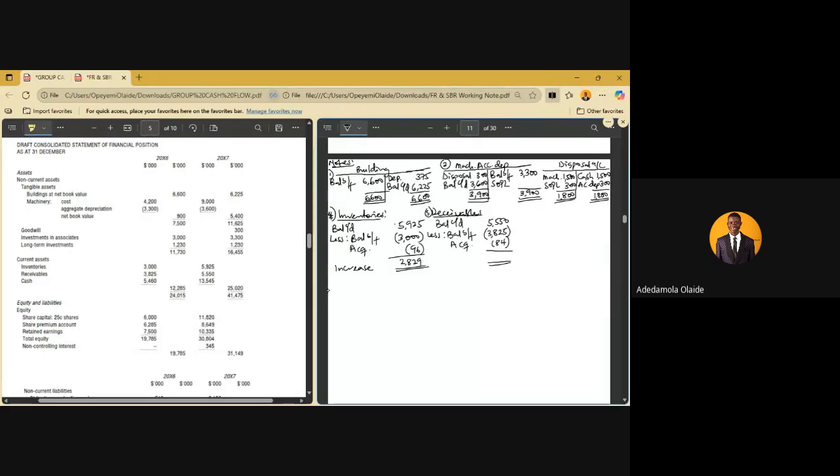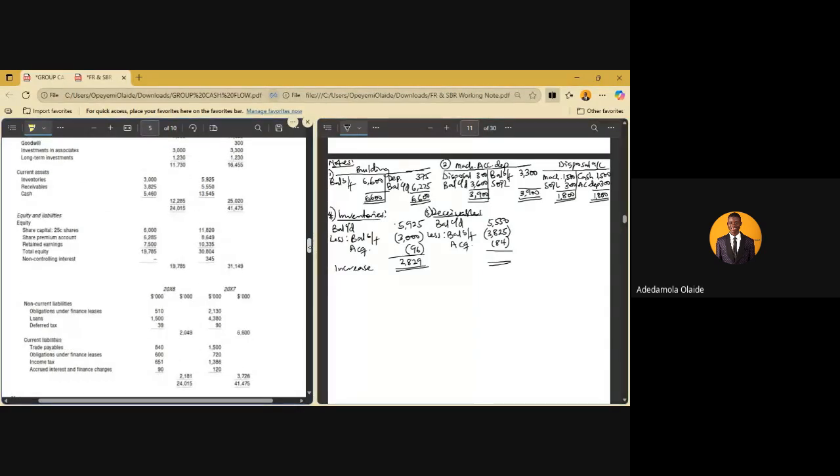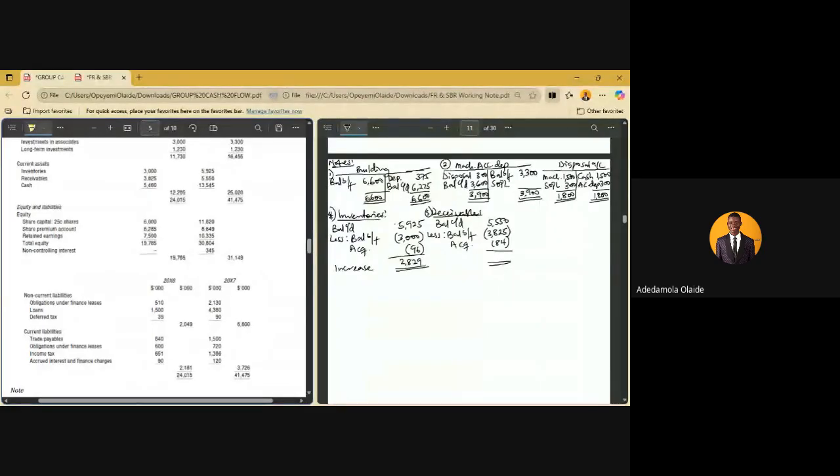Cash is not part of the working capital that we are considering. It's not an operating activity.